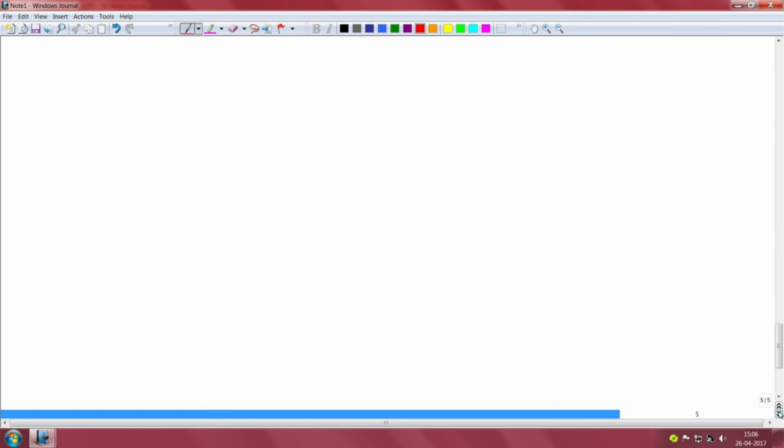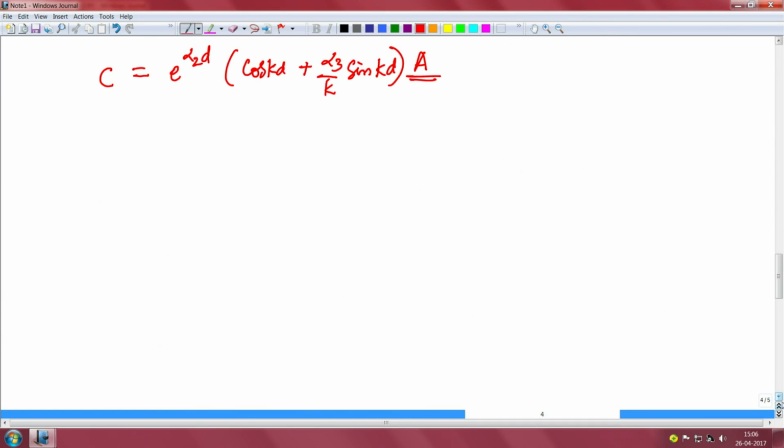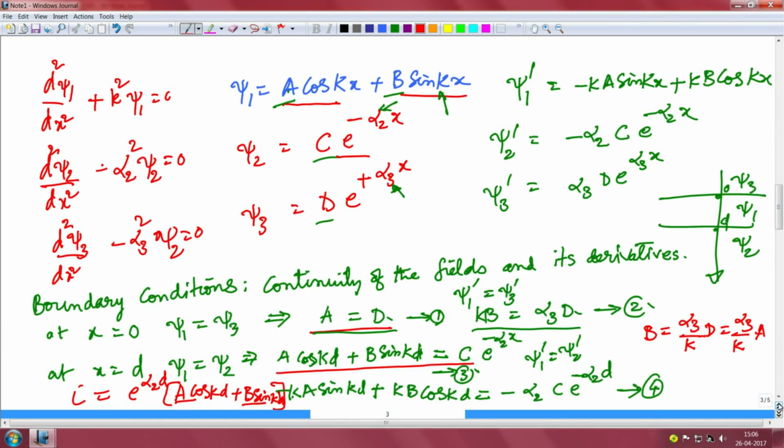So, by looking at these equations like what we did for the symmetric slab waveguide, we note that between these two equations we can eliminate these exponential terms. This is d. We can eliminate these exponential terms by dividing one over the other. So, I will just divide equation 4 divided by equation 3.